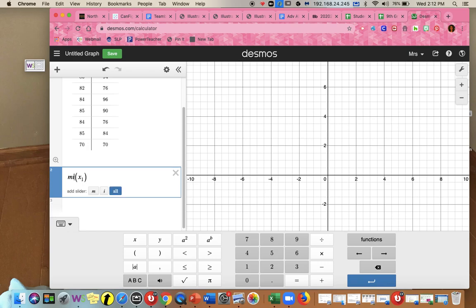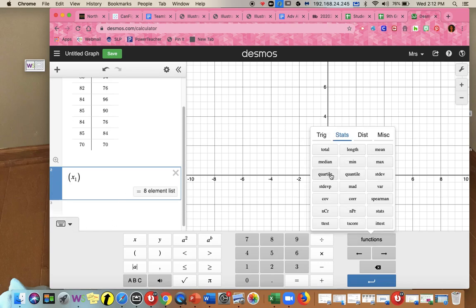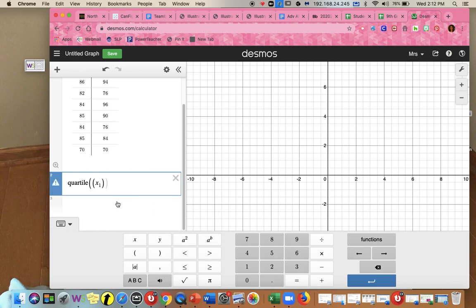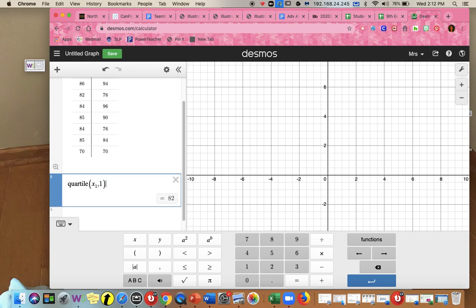Let's erase this and find Q1. I forgot what it is, so I'm going to go to functions, stats, it's quartile. And remember, if you want the first quartile, you have to put a comma after your list and tell it which quartile. So quartile 1. There we go. So here's what it looks like to tell Desmos quartile 1. It's 82.